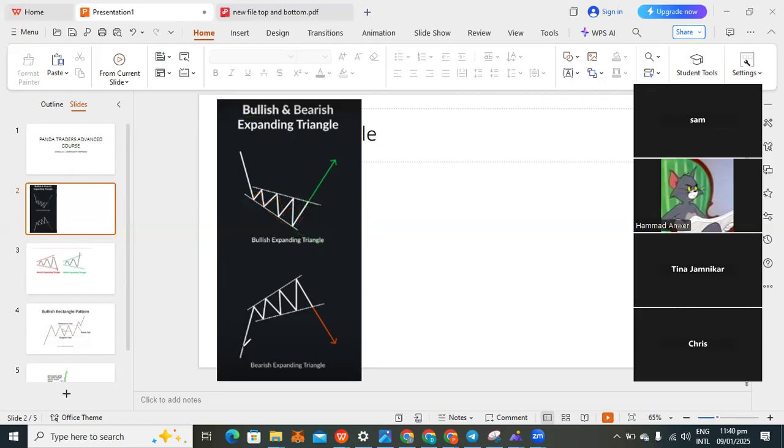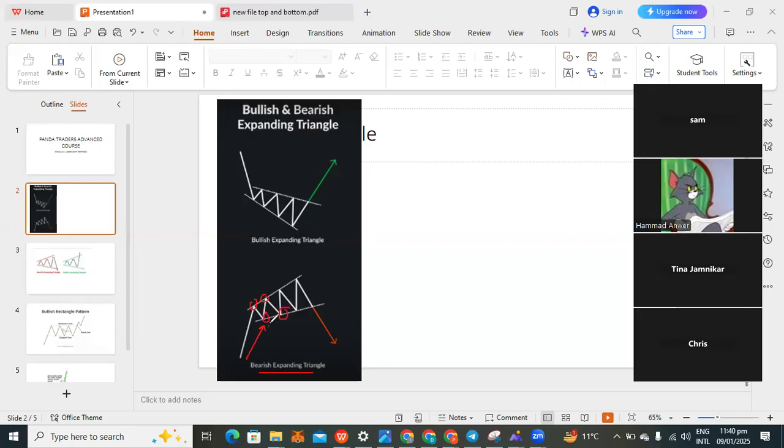Now let's discuss the bearish expanding triangle, which basically works on the same principle. It's just the opposite of the bullish expanding pattern. Over here we have the price in an upward trend, and you will see that it forms a resistance and then comes back to a support, and then a resistance, then comes back to a support.